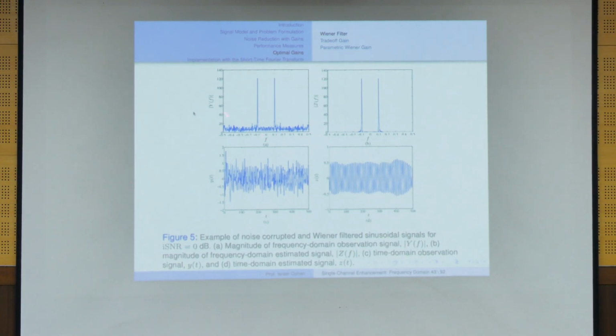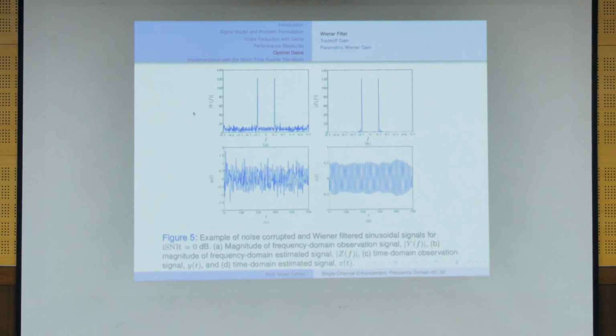So this is the magnitude of the spectrum of the noisy measurement. You see this is for the positive frequencies, this is for the negative frequencies. So we see that we have a high component, this is the desired signal, around frequency 0.1.